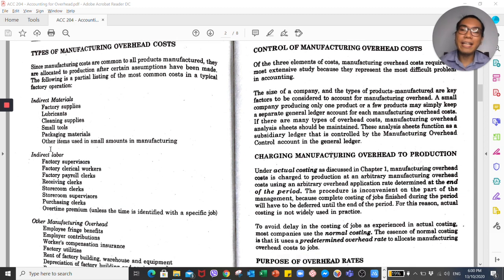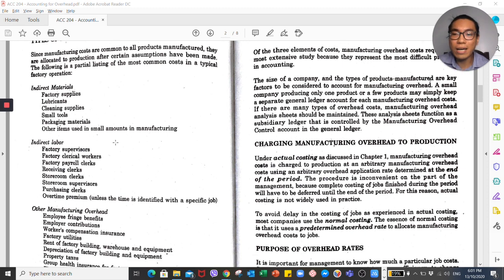For the indirect labor, these are the workers or employees of a company working indirectly so that we have a complete product. Examples here are the manufacturing supervisors, our production facility staff, even our clerical workers, and the payroll clerks who process the payout for the factory workers.